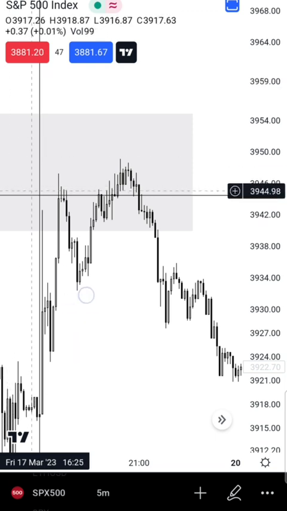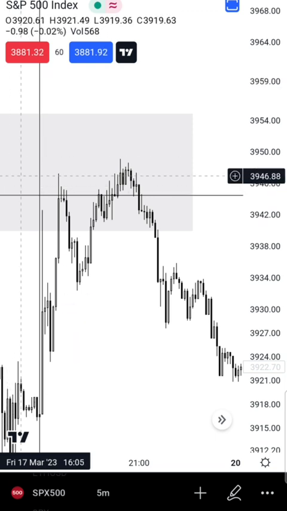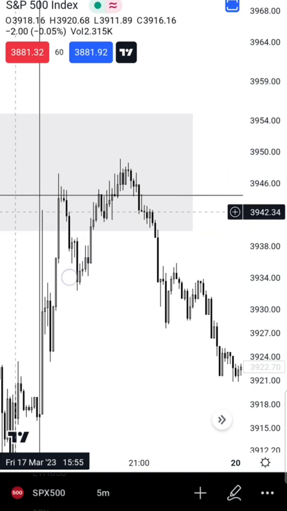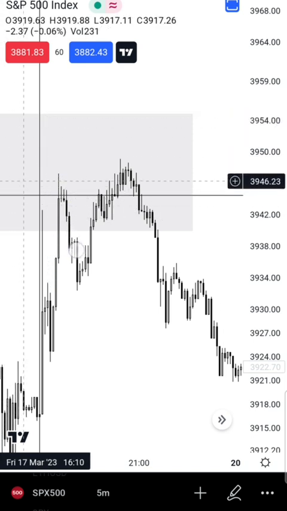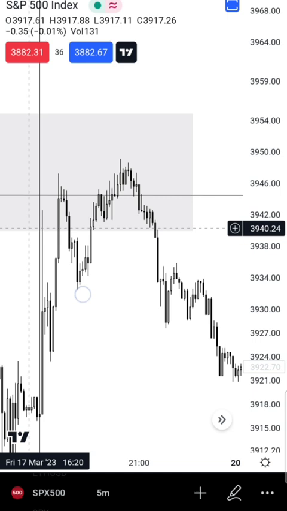But usually you don't want to fade the first touch of any key level, because more often than not, they're either going to come back to turtle soup it or to failure swing the same key level. And in this case, you got it. You got the first touch, you got a decline, making everyone think the top's in.